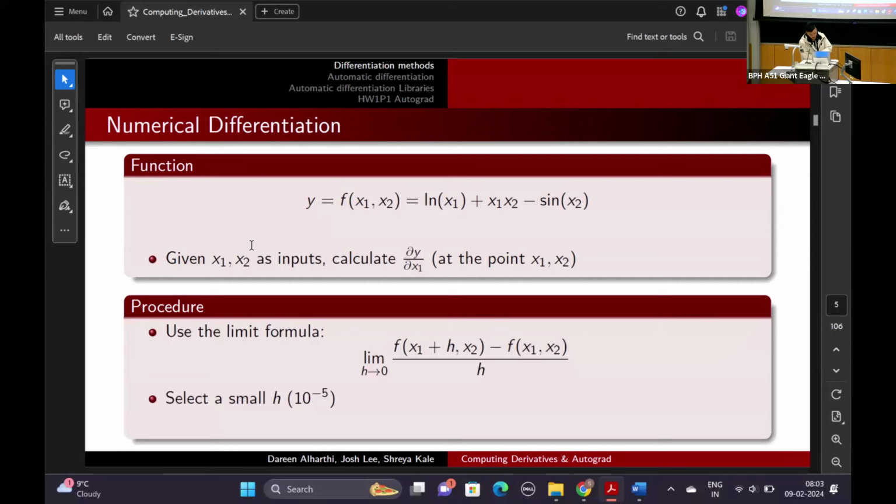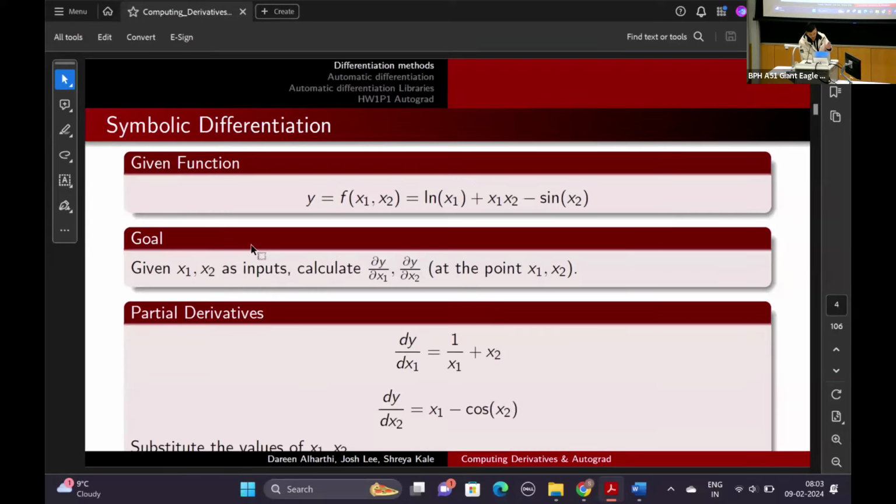Given the same question, what we've done here is called symbolic differentiation. We take a look at the formula or the equation symbolically, treating x1 and x2 not as numbers but as symbols. Then we think about the optimal strategy to differentiate this given equation. Differentiation is not a very straightforward process.